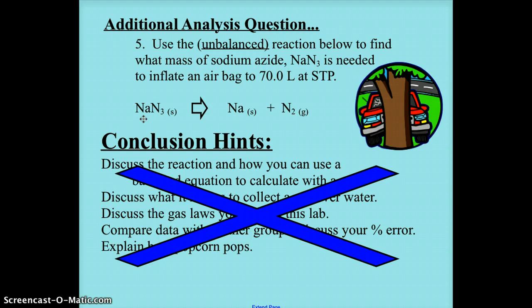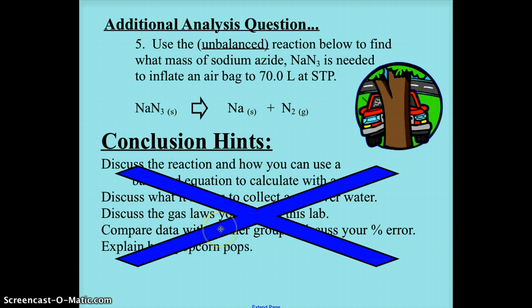So please take a look at that and calculate. You are trying to find grams of this. You've got the volume of the nitrogen gas. That's what causes the airbag to inflate. So we've got the volume, and we know it's at standard temperature and pressure. So you've got enough here to find some piece of information. I'll let you think about that and convert your way back over to grams of sodium azide.